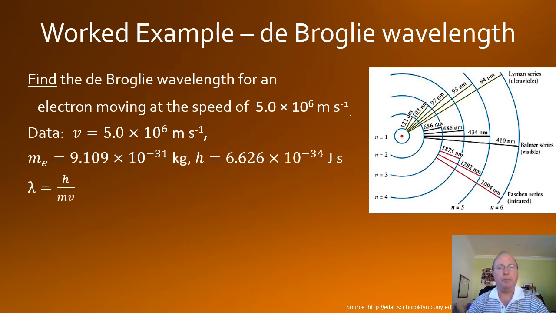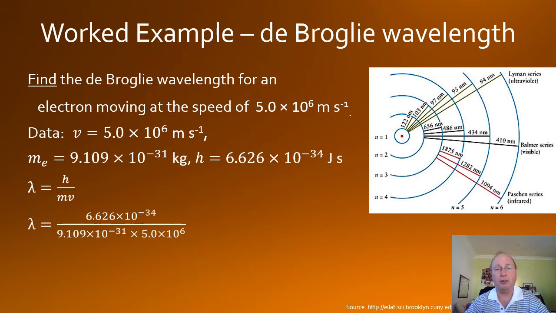Here's the formula: lambda equals h over mv, the de Broglie wavelength. We simply substitute: Planck's constant on top, mass of electron on the bottom, and the velocity on the bottom. And when we calculate, we find 1.45 times 10 to the negative 10 meters, correct to 3 significant figures.